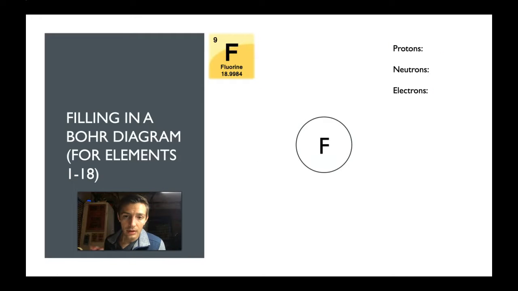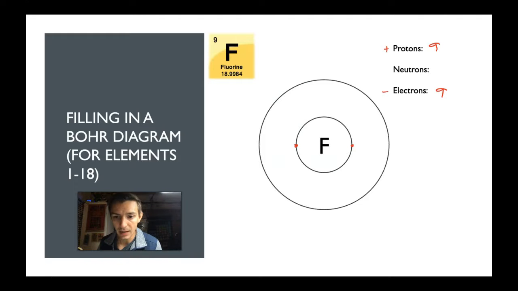Let's try it with another element here. It's fluorine, and fluorine has an atomic number of 9. A little bit more here, but we don't have to worry about it. The number of electrons there is 9. So I'm going to put the lower 2 down first.